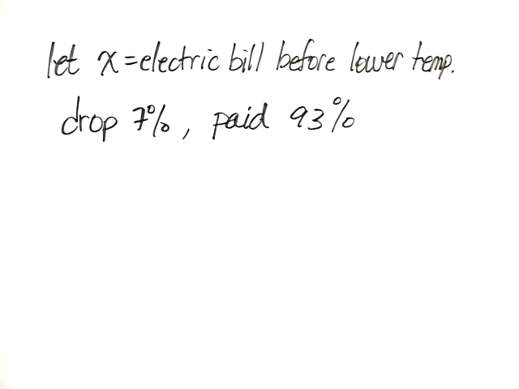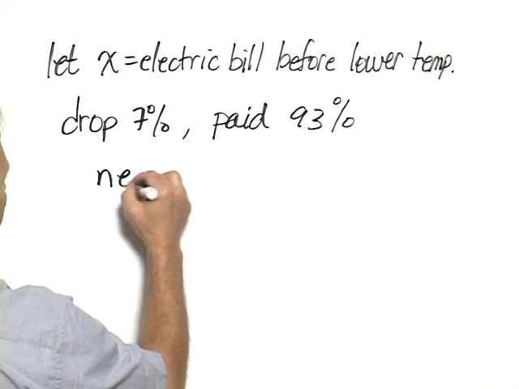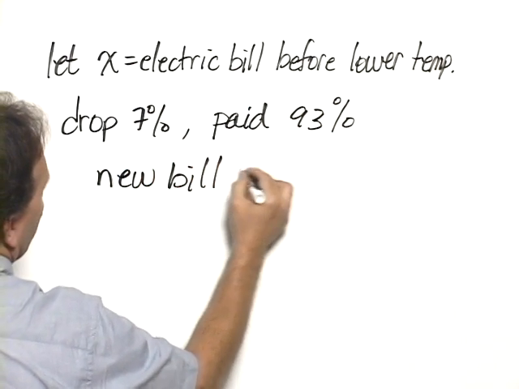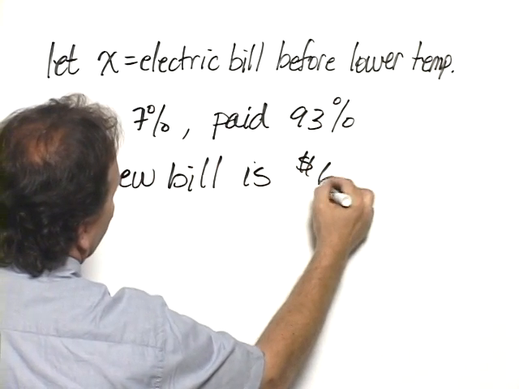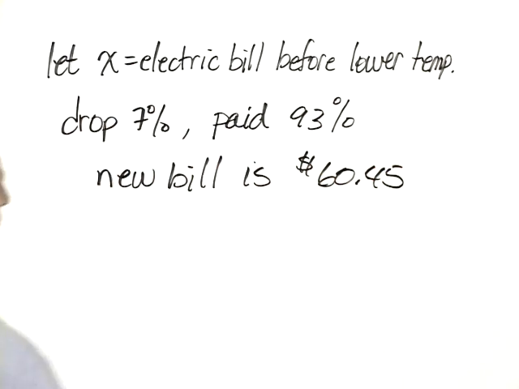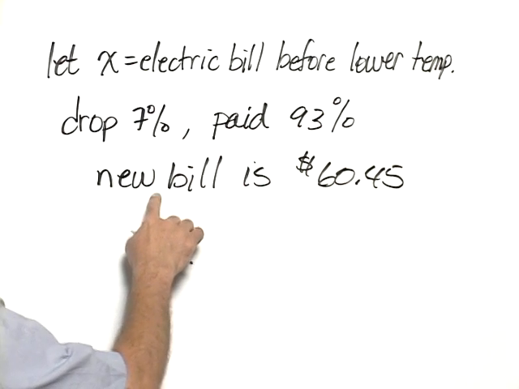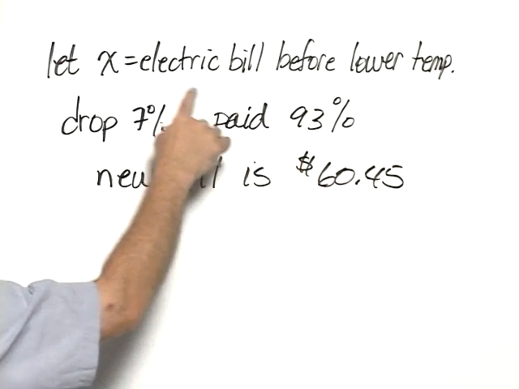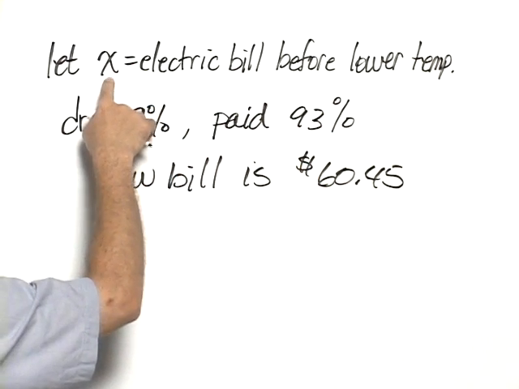All right, next step in the procedure is to translate, and what we want to say is that the new bill is $60.45. We want to translate that into a mathematical statement that we can solve, and the new bill would be 93% of the old bill.